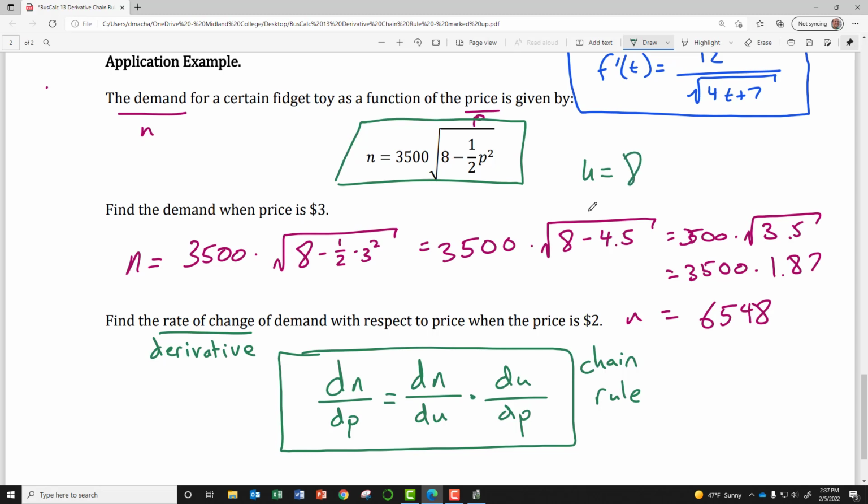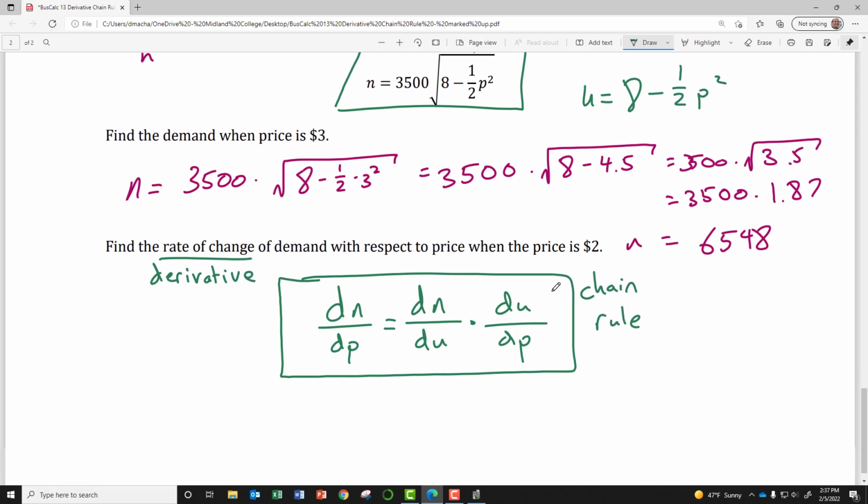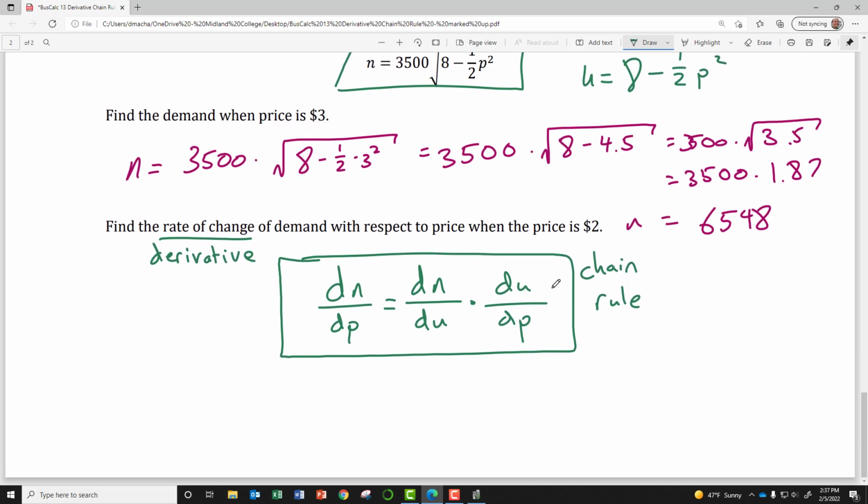And so maybe I'll just let u be 8 minus half p squared, and that will simplify my n function to where n is just going to be 3500 times square root of u. So now if I want to take the derivative of n with respect to u, this will just be 3500 times 1/2 times u to the negative half power.